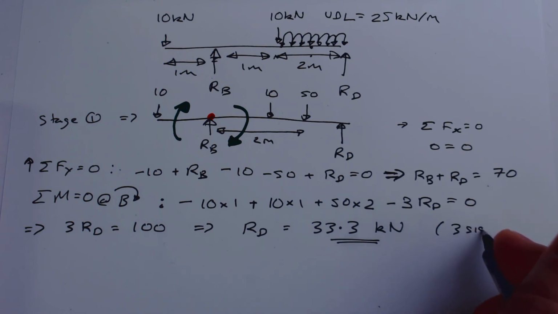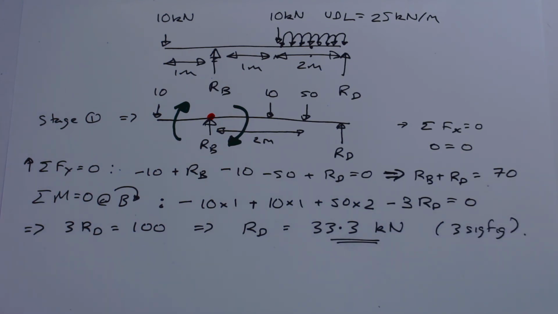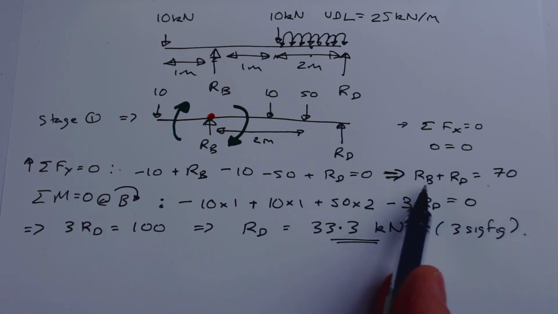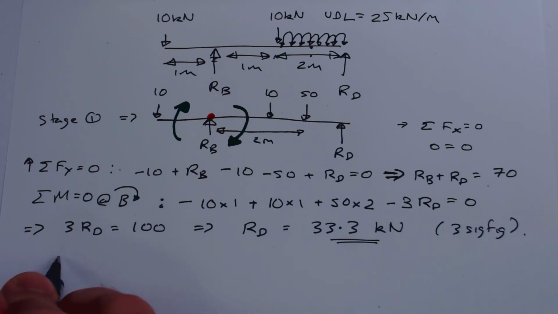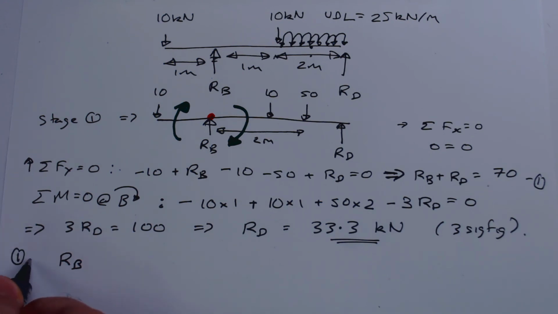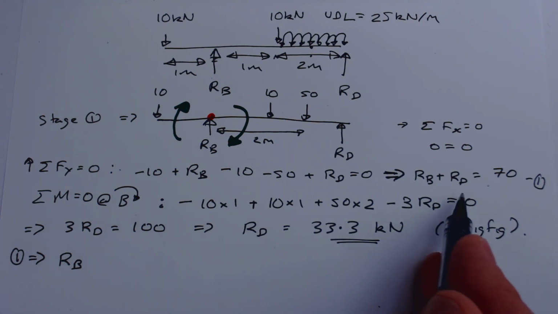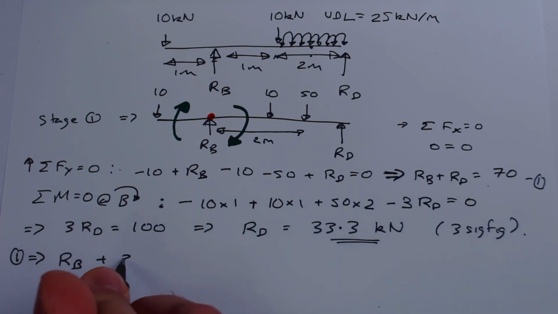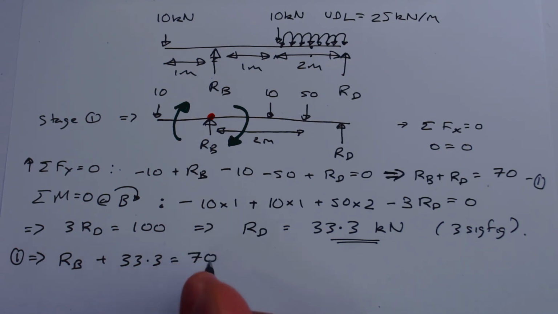Let's work to 3 significant figures. Okay, now let's find the RB using equation 1. So from equation 1 I'm going to have that RB, I'll substitute in my plus 33.3, equals 70.